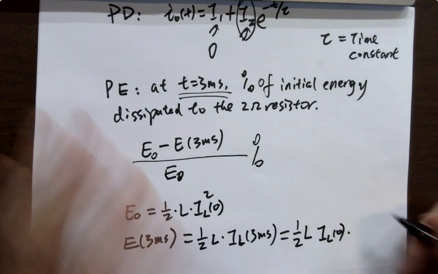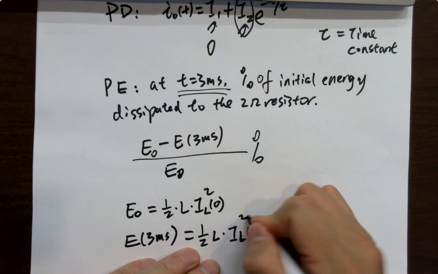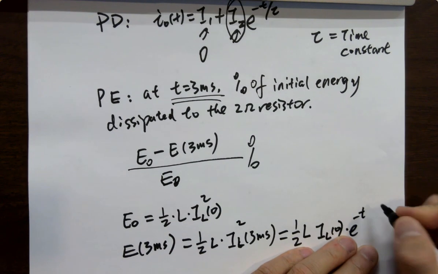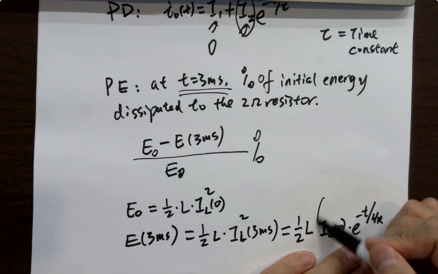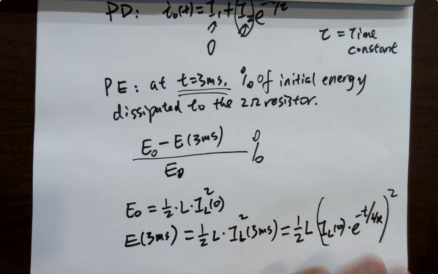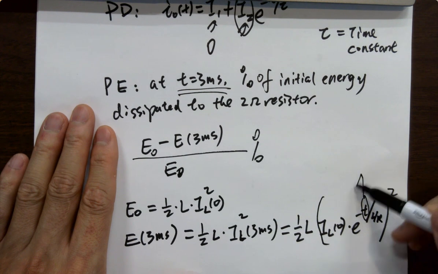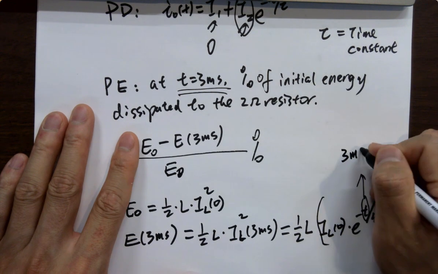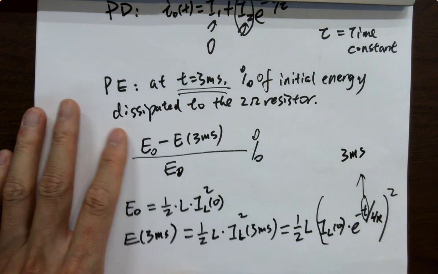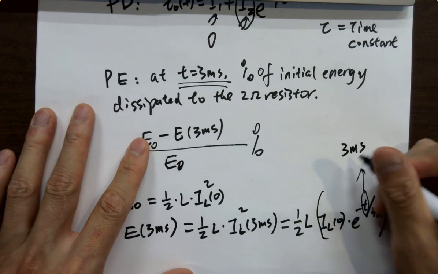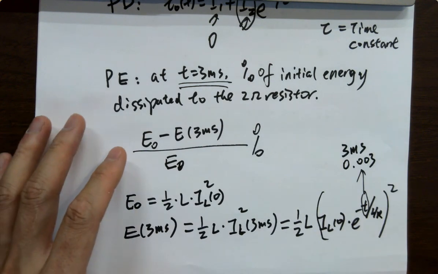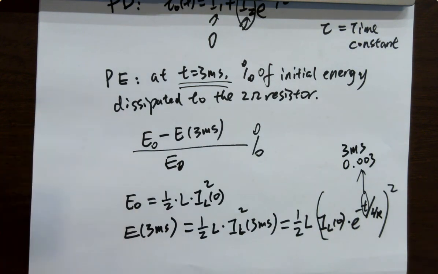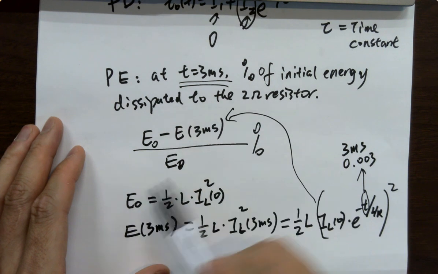IL0 times e to the, square, sorry, minus t times R over L. So this T should be replaced by 3 milliseconds. That's it. Plug in.